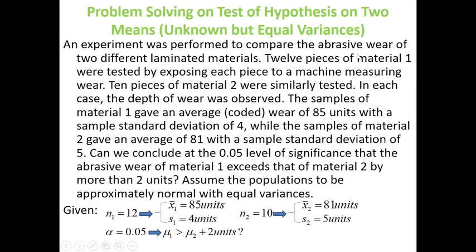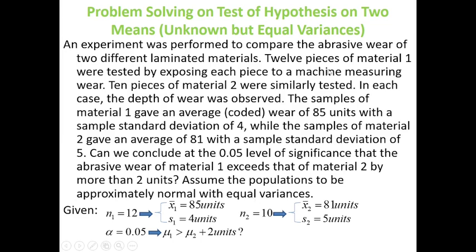So this problem has unknown but equal variances for both populations. It is not indicated directly, but as stated in the problem, assume the populations to be approximately normal with equal variances. So unknown but equal variances.